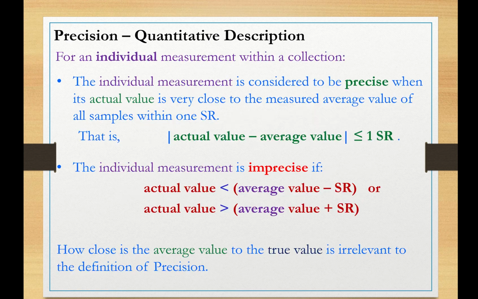For an individual measurement now, if the actual measurement minus the average value of the collection of measurements is less than or equal to 1 SR, then that individual measurement is considered to be precise. So again, notice that precision refers to the average value, not necessarily the true value, okay?